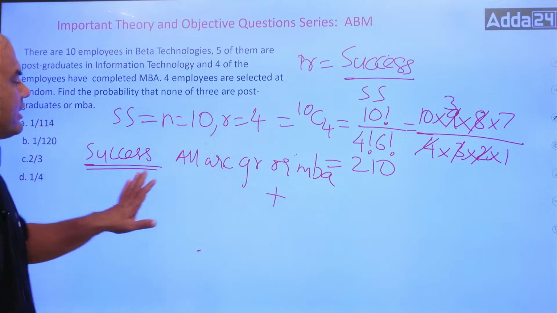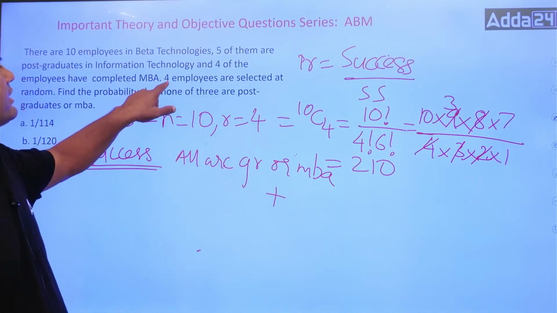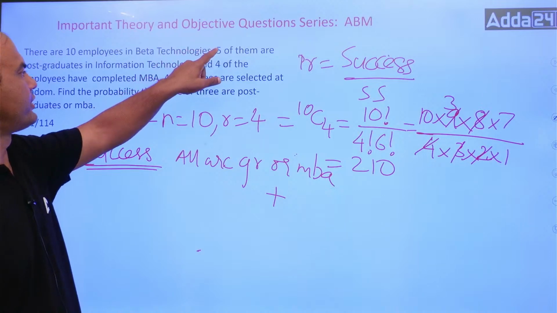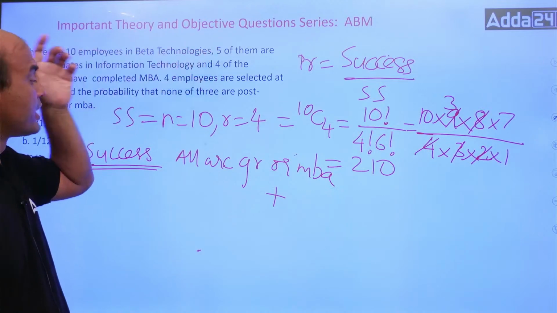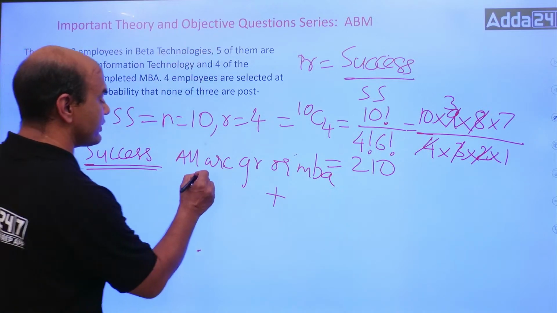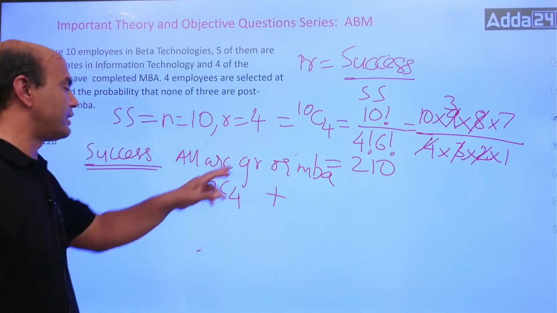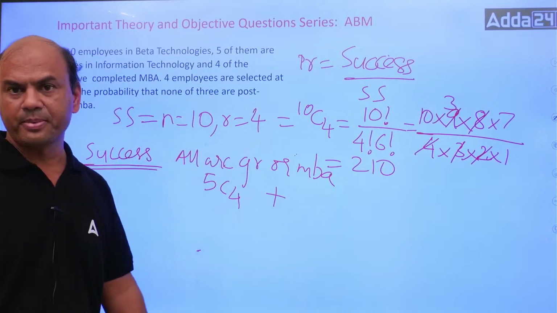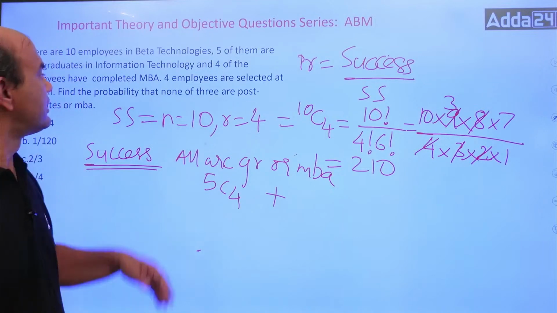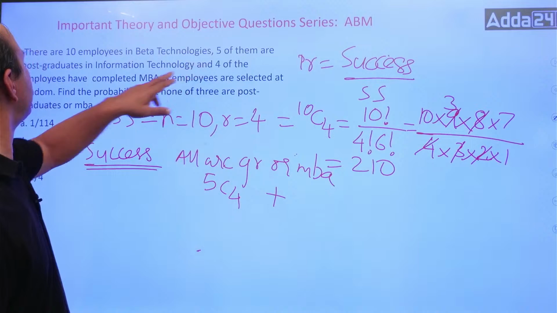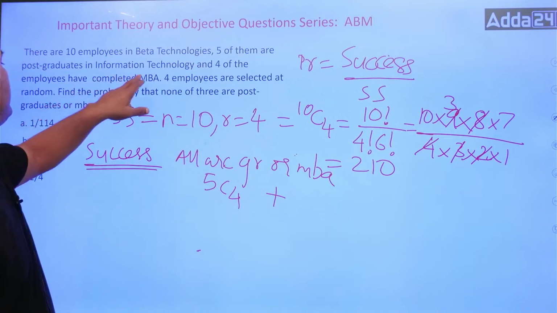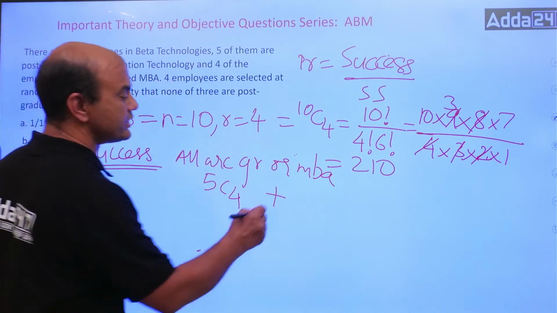All are graduates. So 4 are selected out of these 5, which are IT guys. So I'll select out of these 5, 5C4, then I'll get IT graduates. Or I'll select MBA: 4 employees are MBA and 4 are to be selected. So 4C4.